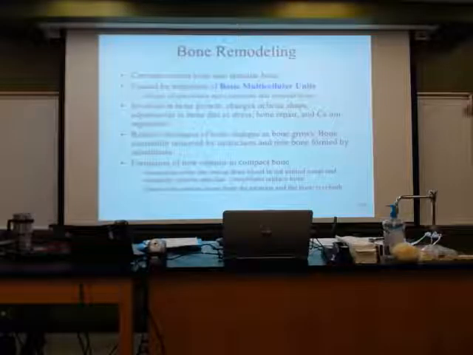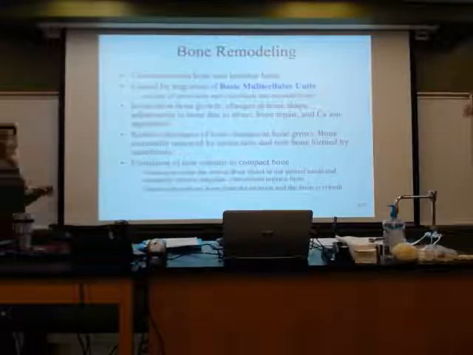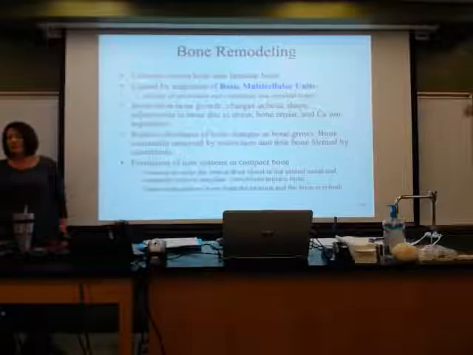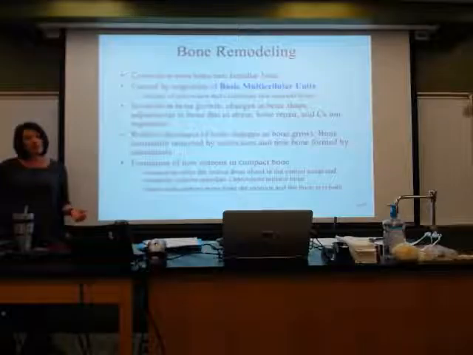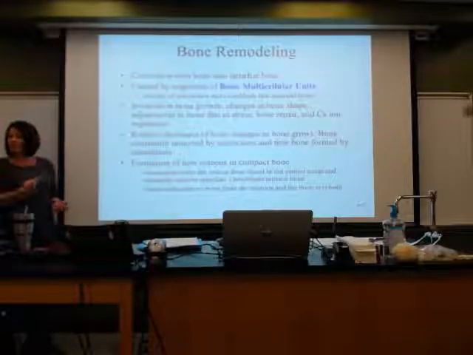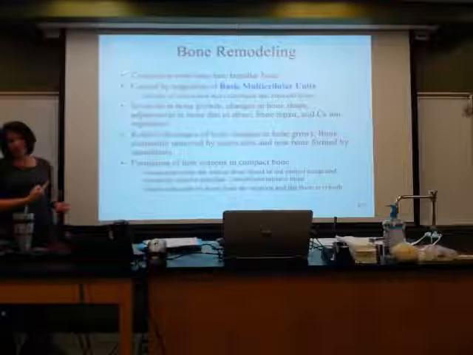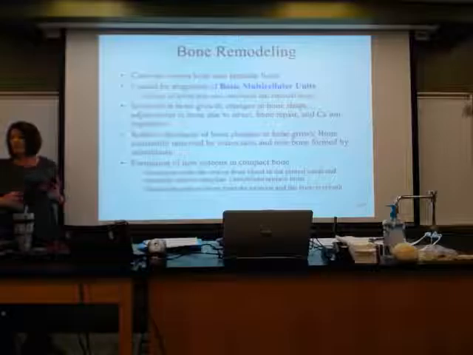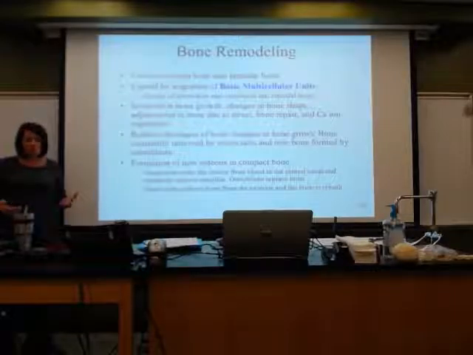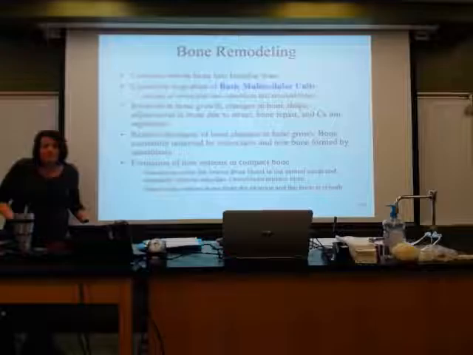If the diet is deficient in any way, that could actually affect the density and the strength of the bone. We can form those new osteons, like I just showed, if we've got the blood supply. If the blood supply is present, we can lay down the new osteons if needed. It's going to do this in response to stressors.